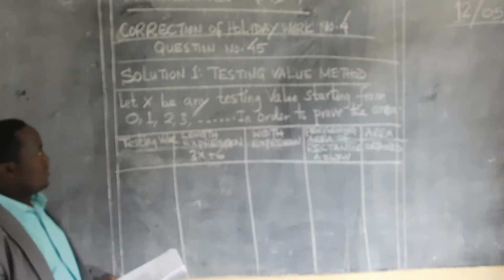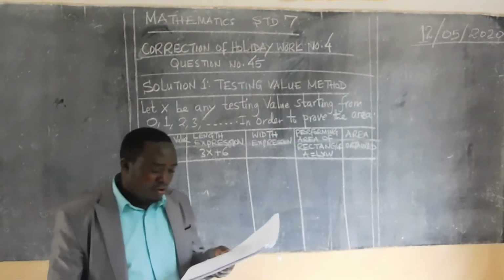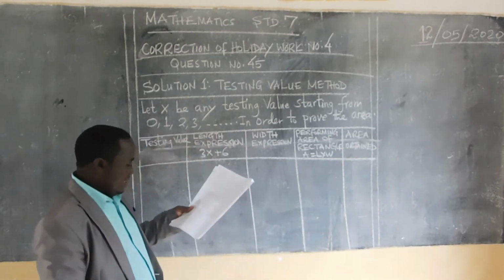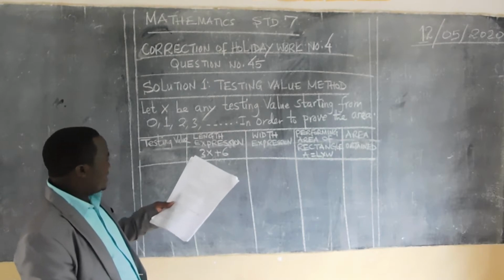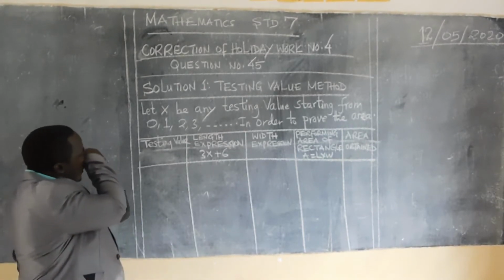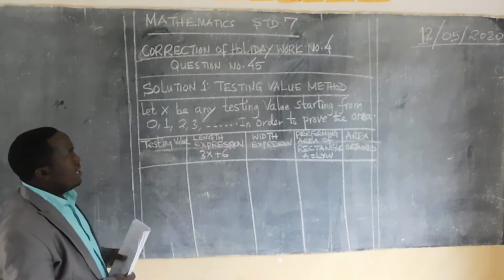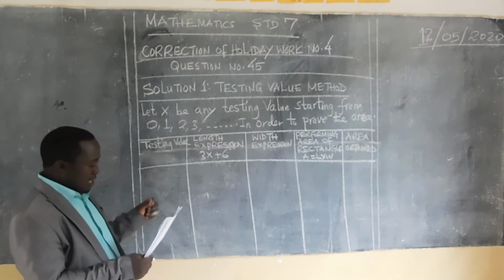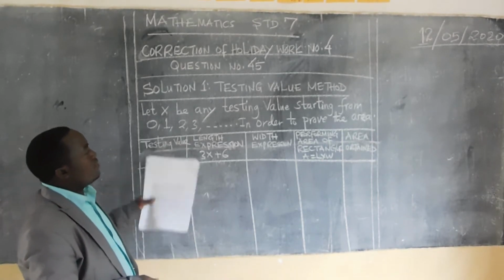The question says: find the perimeter of the rectangle ABCD if its area is 468 square meters. It is there in our paper. This question was already given the area, and we want the perimeter. The perimeter should be gotten through the length and width.